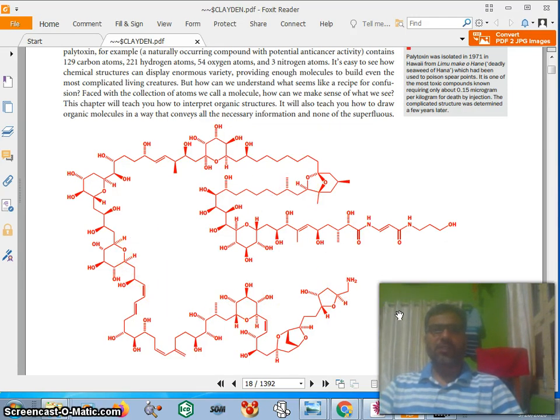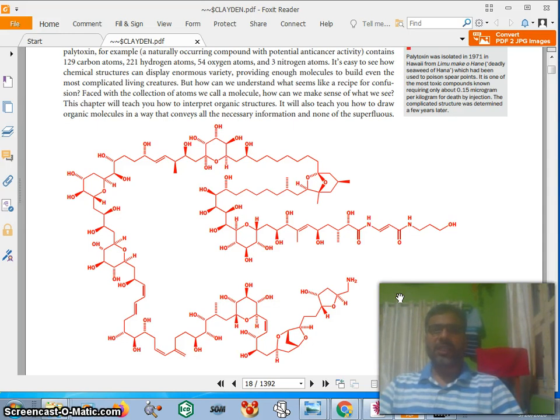It's easy to see how chemical structure can display enormous variety, providing enough molecules to build even the most complicated living creatures. But how can we understand what seems like a recipe for confusion, faced with the collections of atoms we call a molecule?